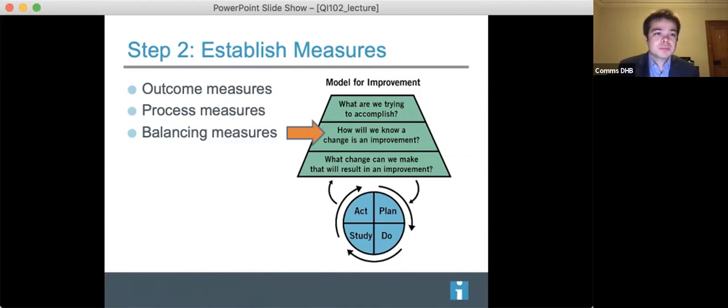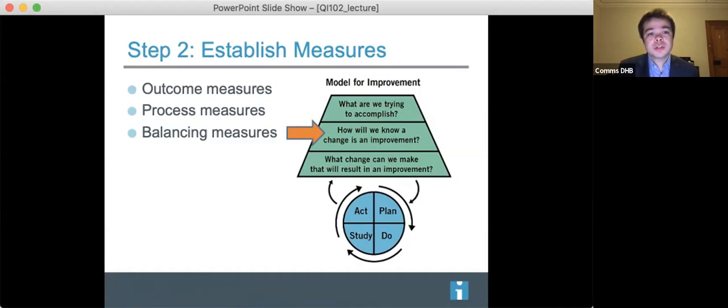And there are three types of measures: outcome, process, and balancing. Outcome measures are what happens at the end. It's the goal that you're trying to achieve. And in healthcare, we think a lot about patient-centered measures. So from the patient's point of view, what would be important to them?